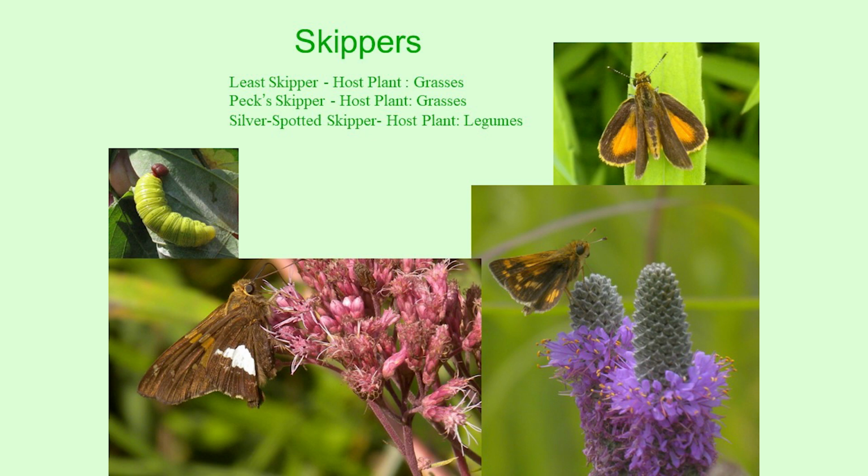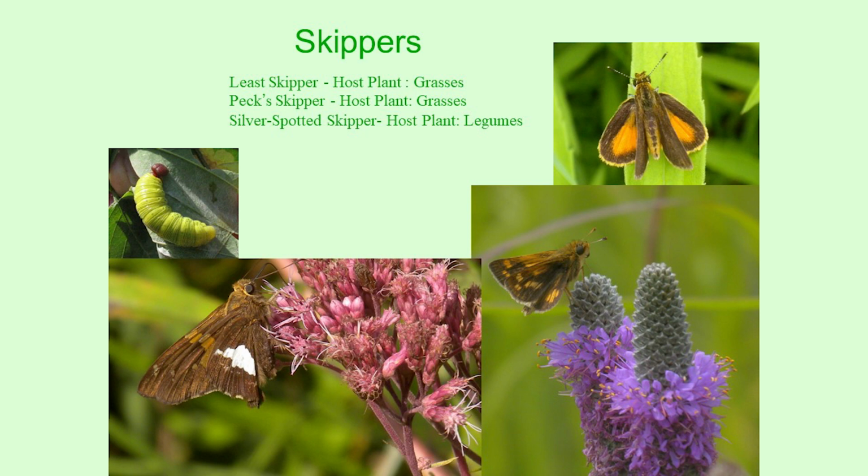The little skippers, the ones that are orange and brown, are sometimes very hard to distinguish from each other, and there's a whole bunch of them that look very similar. But the silver-spotted skipper is bigger than all of those, and it has that bright white spot. So it is one that most people will recognize when they see it as a skipper.